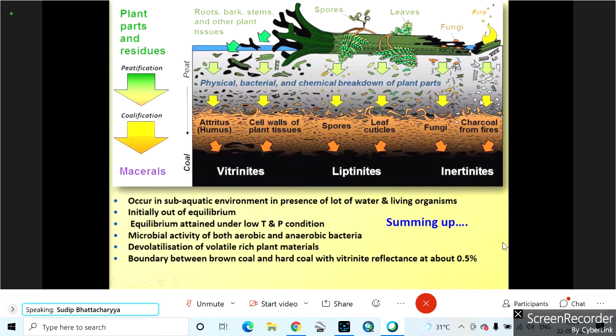When the leaf, spores and pollens break down, they will give you liptinite. The name suggests it is rich in lipid, that means fat.